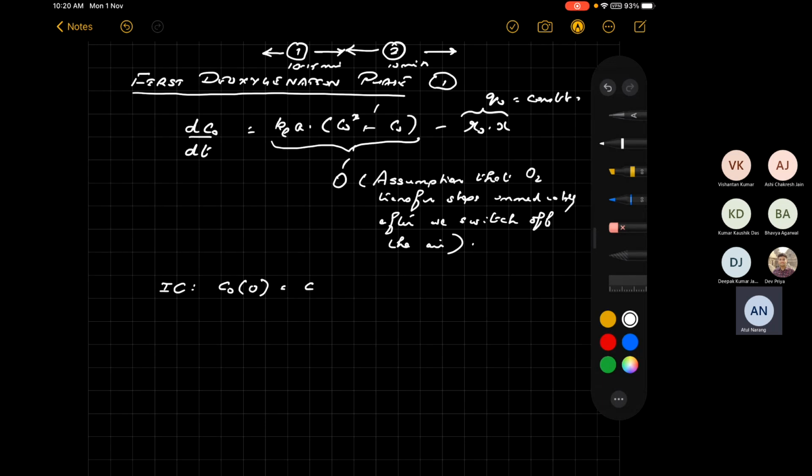Let's suppose that it is equal to CO star, fully saturated. Actually, it could be less than CO star, like 60% or 50% of saturation, whatever the condition is.